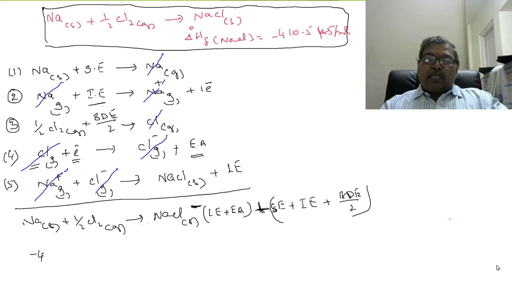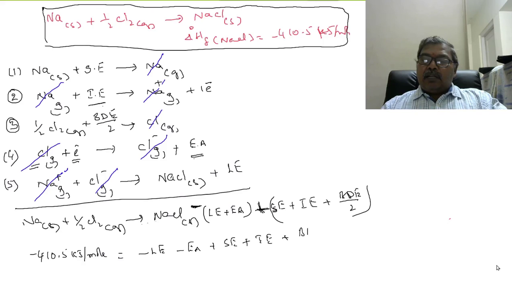So minus 410.5 kilojoules per mole is equal to minus Le minus Ea plus Se plus Ie plus BDE by 2.